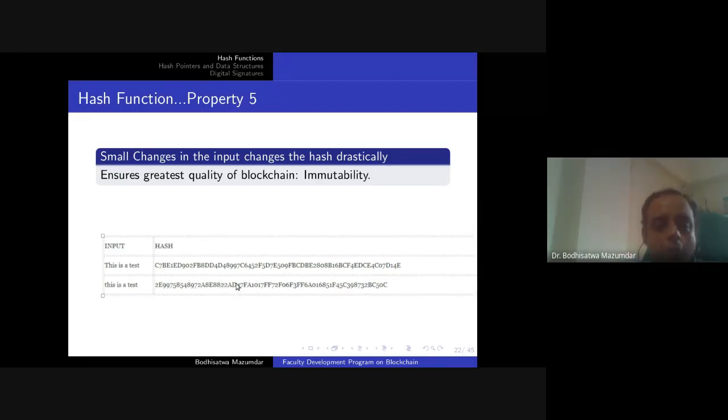That means even if an attacker is given these two hash values, he should not be able to distinguish that the corresponding input string has only this change. This information he should not be able to recover. Only then can that hash function be referred to as a cryptographically strong hash function.